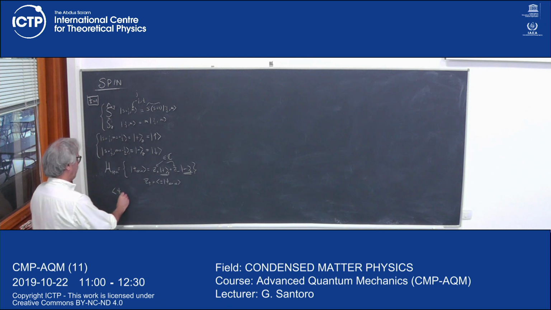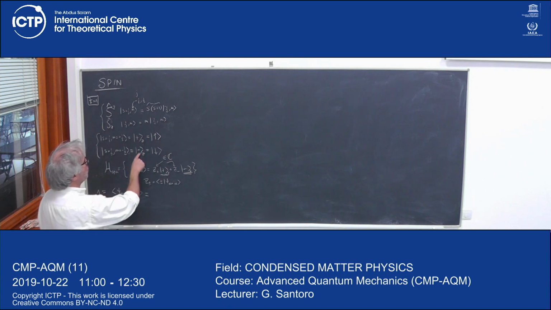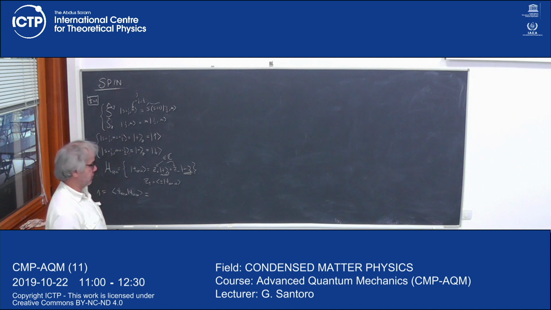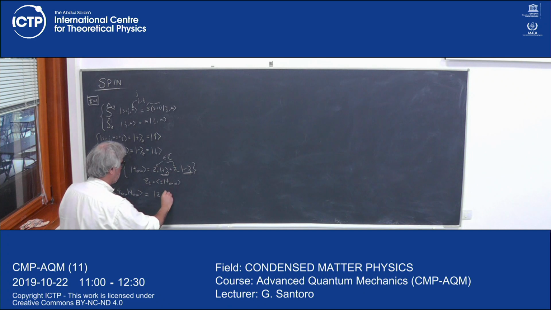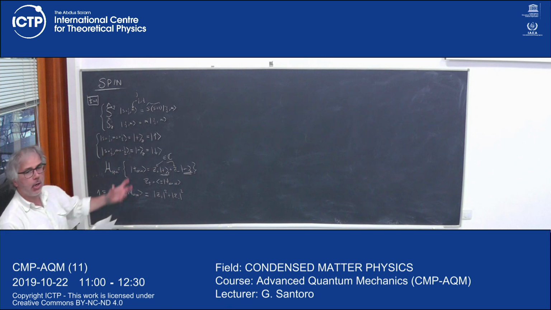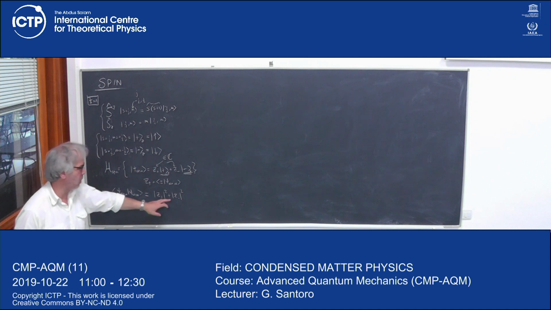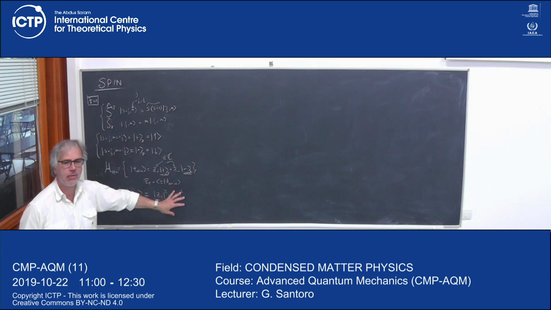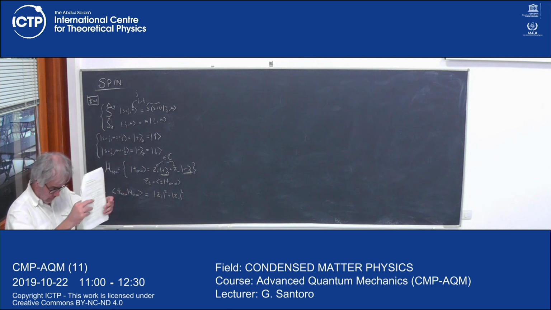So if I want the norm of psi spin equal to 1, then since these two states are orthogonal to each other and they are normalized, supposedly, you can do the calculation and you discover that this is Z plus modulo square plus Z minus modulo square. So if I want normalized spin states, two complex numbers are too much. You can impose a normalization condition. The square modulus of those two complex numbers should be set to 1. Is it clear? Very nice.